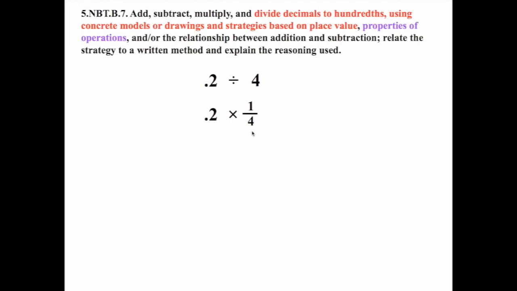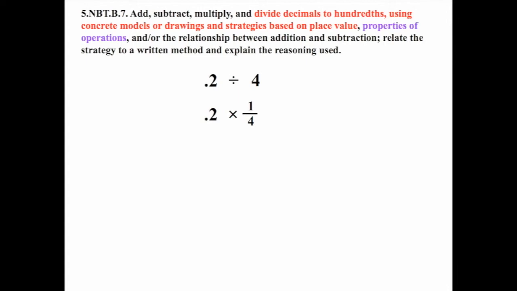Now, it's very important that students are flexible in terms of how they interpret the symbolism. One of our properties is that division is the same thing as multiplying by the reciprocal. So we're going to take 2/10 and we just want 1/4 of that.